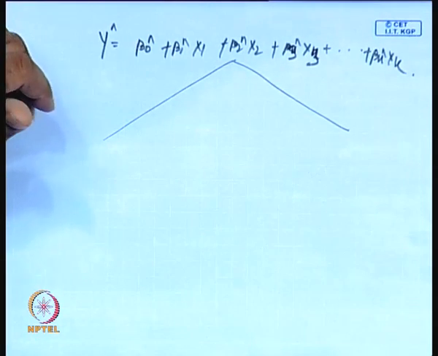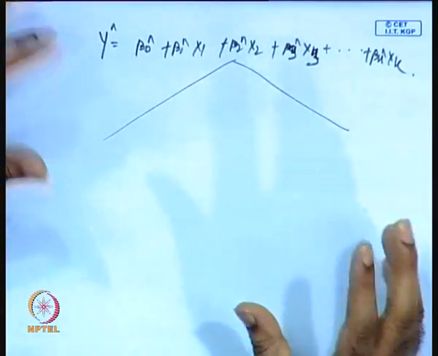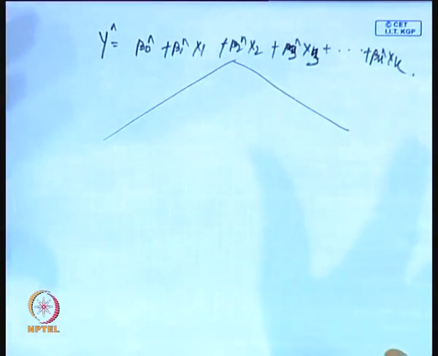We are not going into so much complexity to derive all these beta coefficients simultaneously. In the case of bivariate modeling, we have two components, beta 0 head and beta 1 head. In the case of trivariate, it is beta 0 head, beta 1 head, and beta 2 head, and it is mandatory to have information about them.